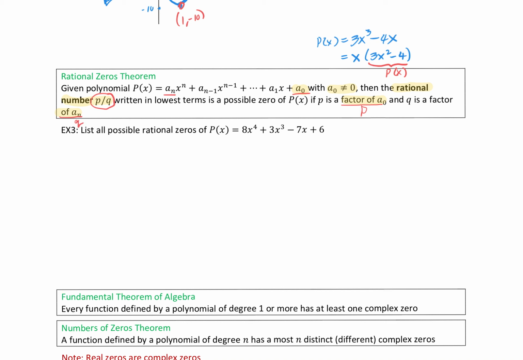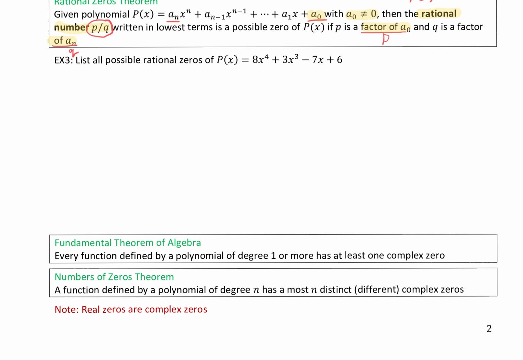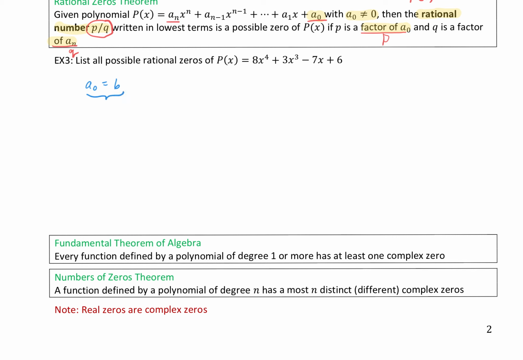It's probably easiest if we just look at example 3 and list all the possible rational zeros of p of x equal to 8x to the 4th plus 3x to the 3rd minus 7x plus 6. So first of all, note that my a sub 0 is equal to 6. And if I was going to list all the possible factors or numbers that divide 6, well, 1 divides 6, but so does negative 1.